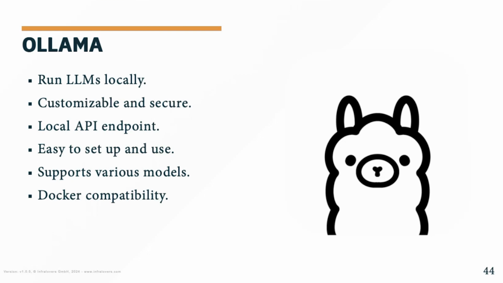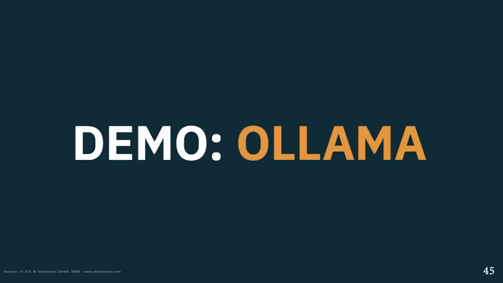It's also very easy to set up and use, and it supports various models from Mixtral or, of course, Llama. And we can also configure it the way we want. It also offers Docker compatibility, which makes it easier for us to deploy and manage these models in, let's say, a containerized environment. So let's now have a look at Ollama and see what we can do.